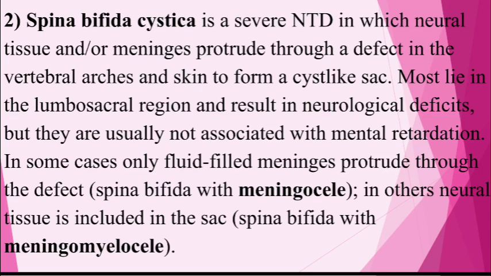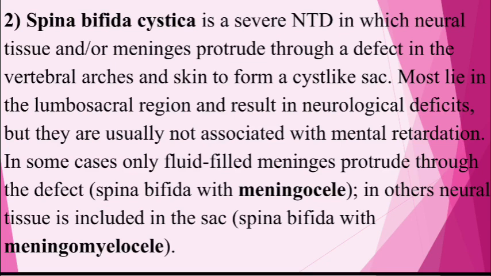In some cases, you can have a fluid-filled cavity with meninges protruding through the defect, and when you have that, we say spina bifida with meningocele. In some other cases, you have neural tissue in the sac, not just the meninges protruding, so we say it's spina bifida with meningomyelocele.